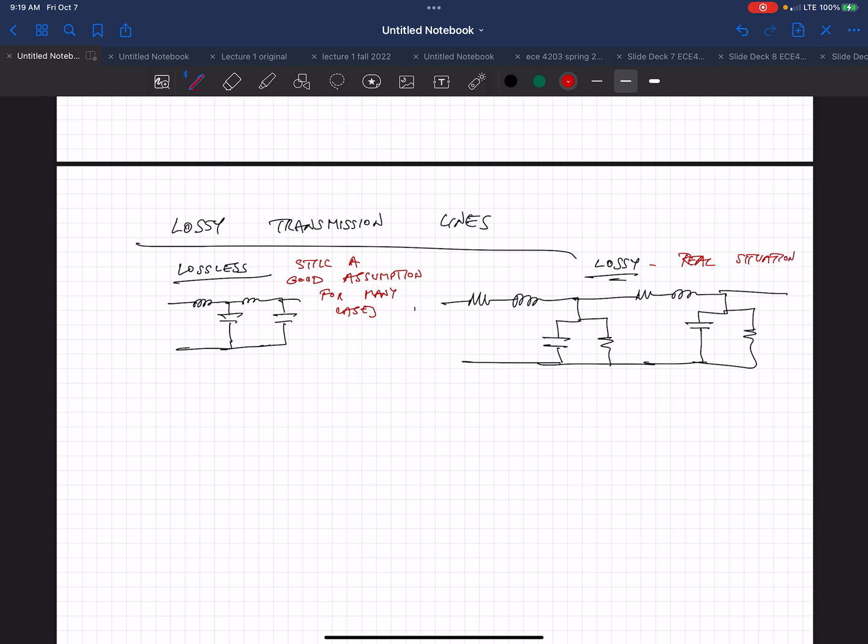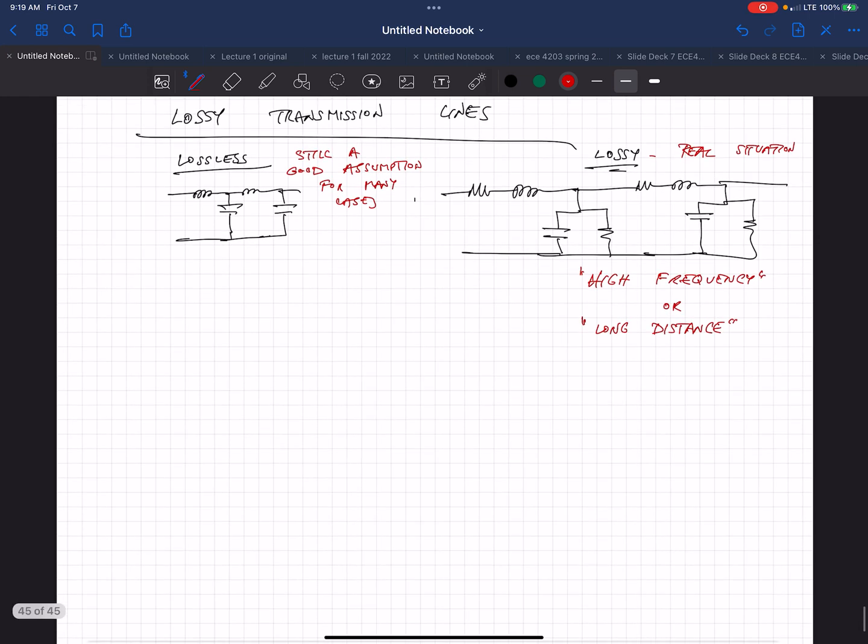So I think of this more as like, at high frequency, or long distance. And those really depend on, it's a combination.